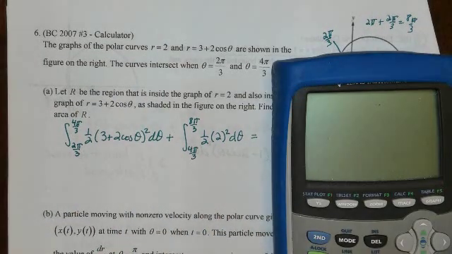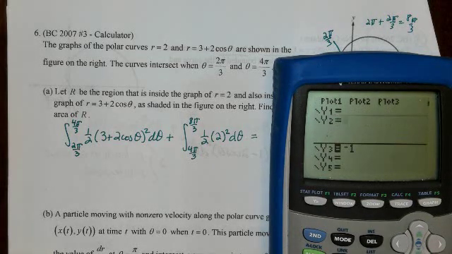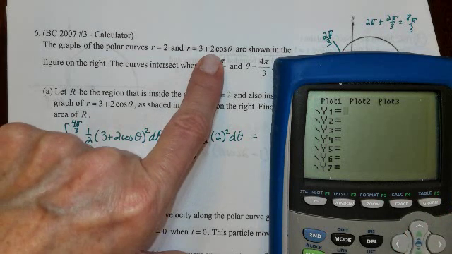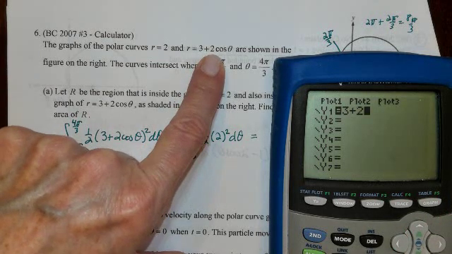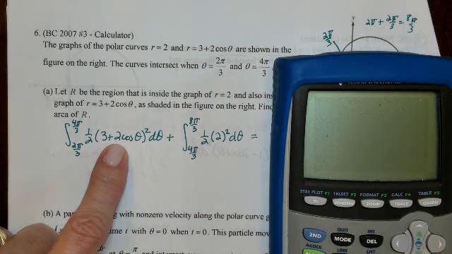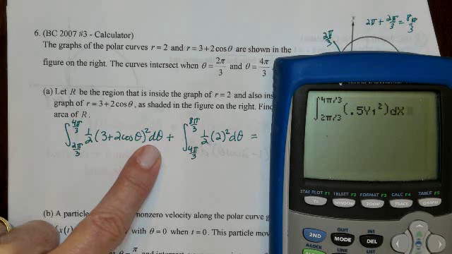We're going to clear out what's here from the last problem, and for y1 I'm going to put 3 plus 2 cosine theta. It'll keep me from rewriting that all the time. So the integral from 2 pi over 3 to 4 pi over 3 of 1/2 y1 squared d theta.